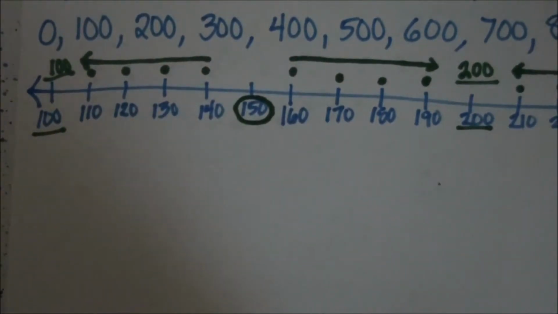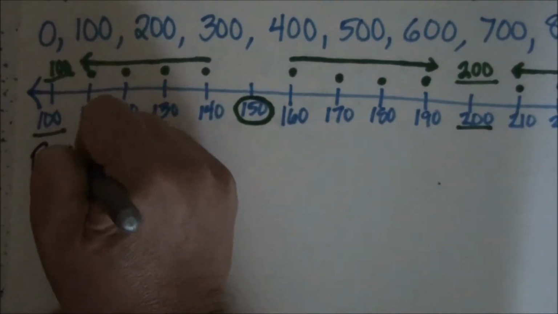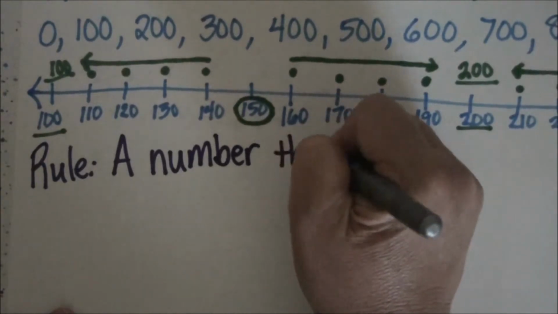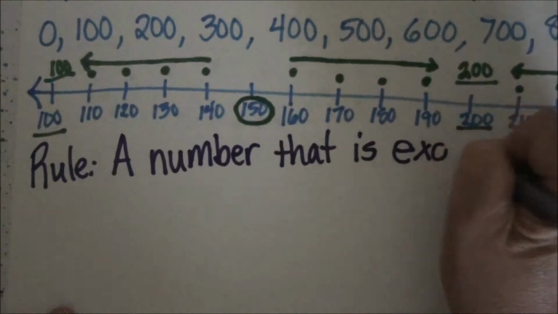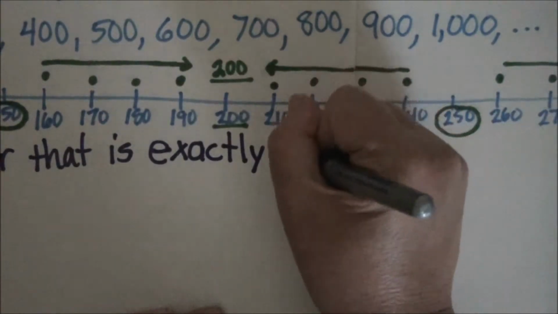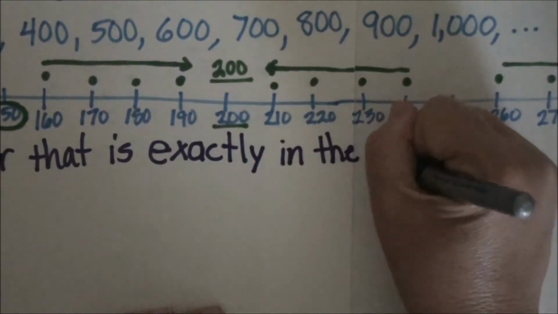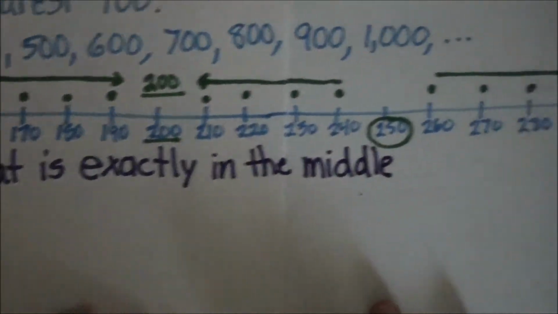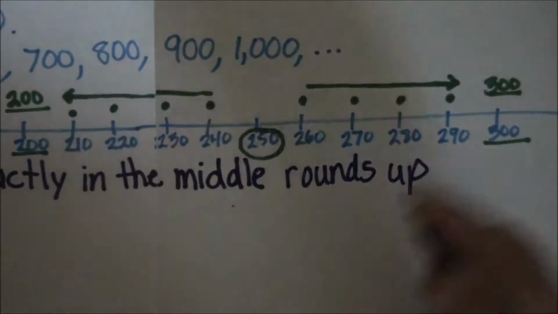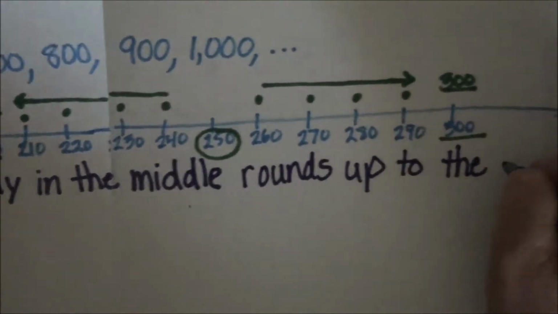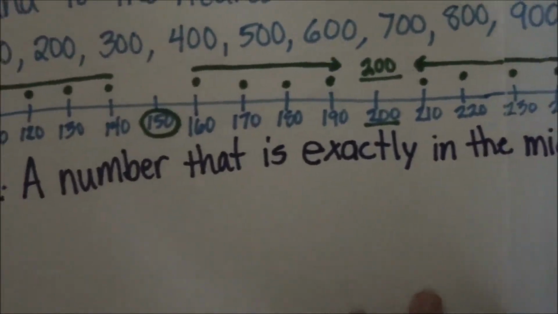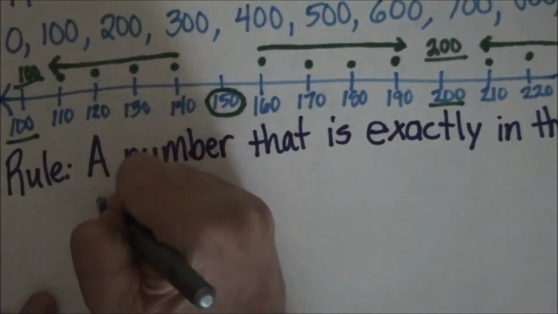So the rule is a number that is exactly in the middle rounds up to the higher number.